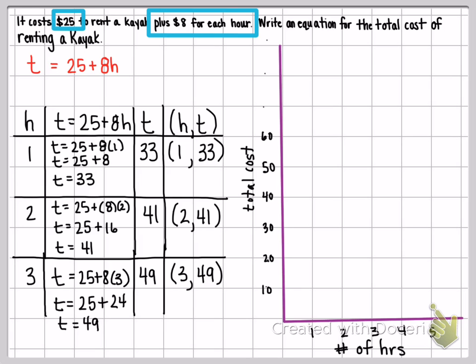So let's start with (1, 33). I'm going to plot 1, and then 33 is going to be a little less than half. And the next one was (2, 41). So I'm going to go to 2 and then just past the 40.